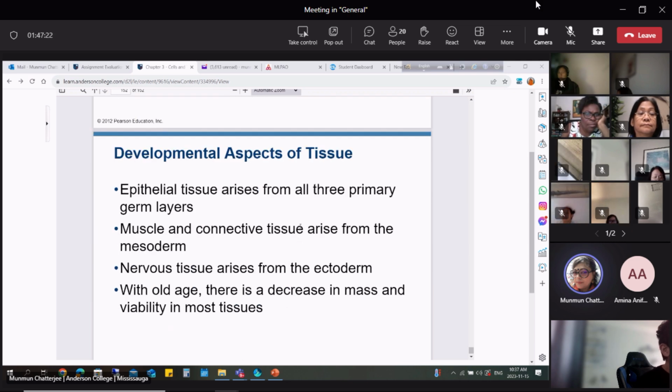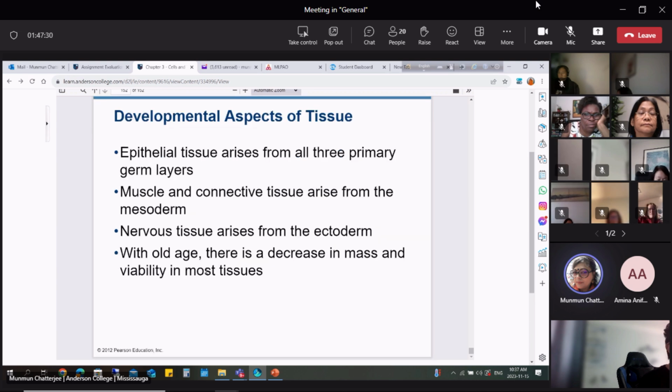What are the developmental aspects of tissue? Epithelial tissue arises from the three primary germ layers. This doesn't need it, no question will come. But primary germ layers means when the embryo and the tissues are forming, there are three primary germ layers.